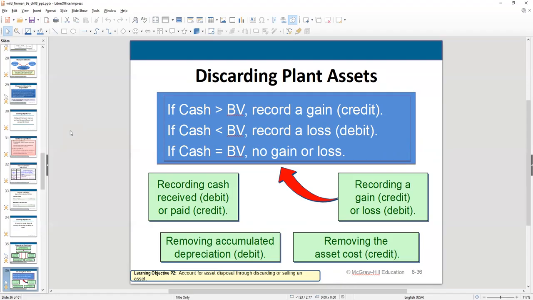Gain is revenue. Gains are like sales. So we're going to record it as a credit. And if we're receiving cash less than its book value, then we're going to have a loss. If we get exactly what the salvage value is, we have no gain or no loss. We're just removing the equipment off the books.